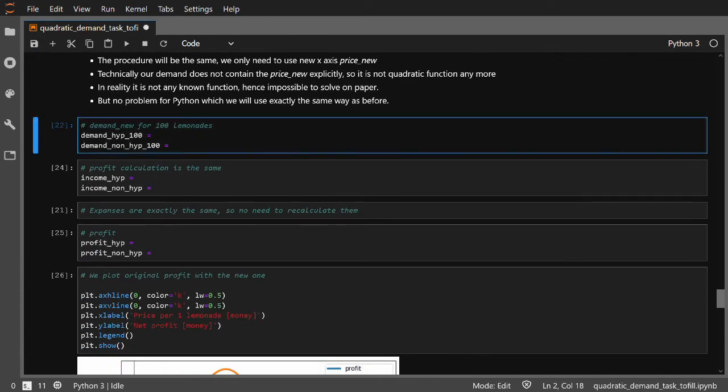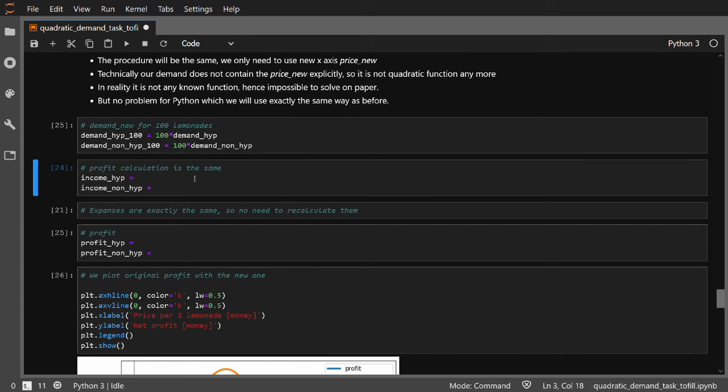First thing is to calculate demand for 100 lemonades. So that's 100 times demand. And one is hypothetical, and the non-hypothetical is exactly the same. Demand, non-hype. Profit, we calculate the same, so that was the price we set times the demand.